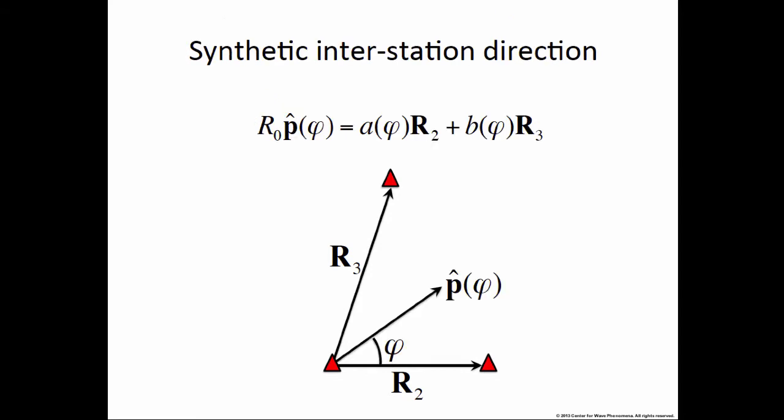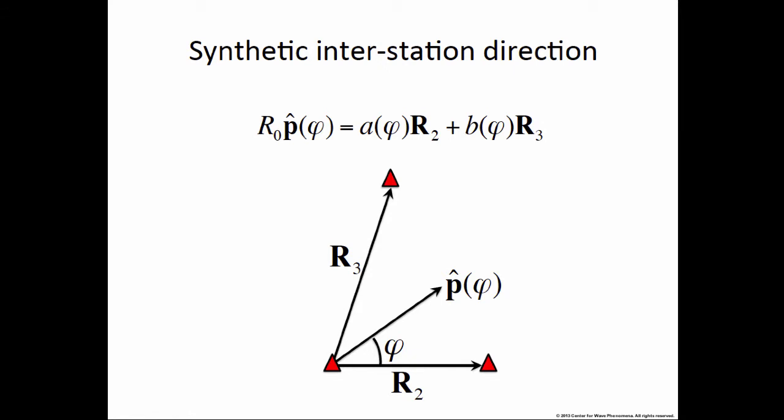And the answer is yes, we can, because out of those two interstation vectors, R2 and R3, I can build any vector that points in any direction in the horizontal plane. So we now define another unit vector, P hat, that makes an angle, I denoted it phi, with some arbitrary direction, and we can express that unit vector P hat in terms of these two interstation vectors R2 and R3.